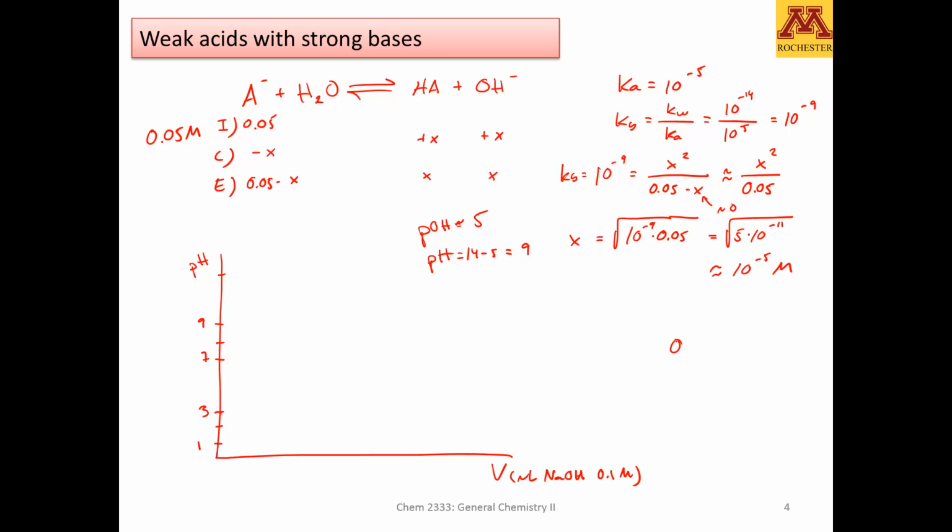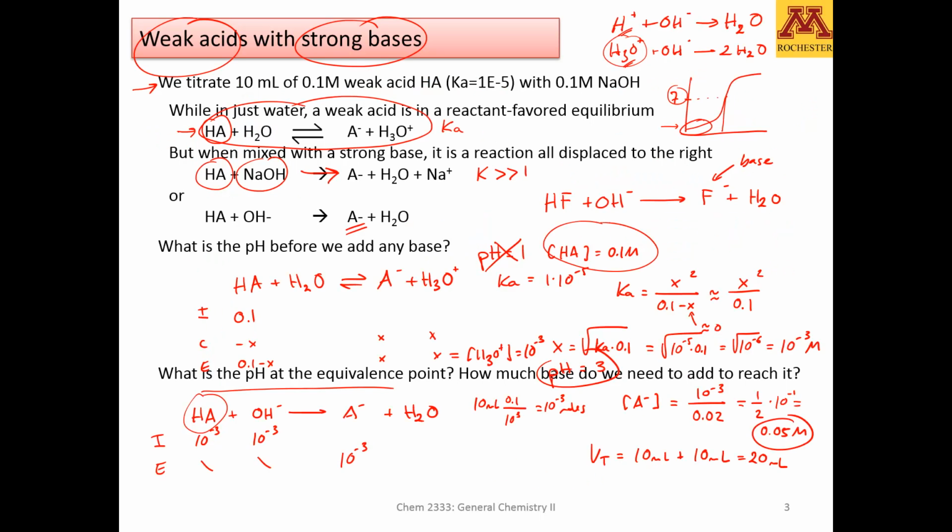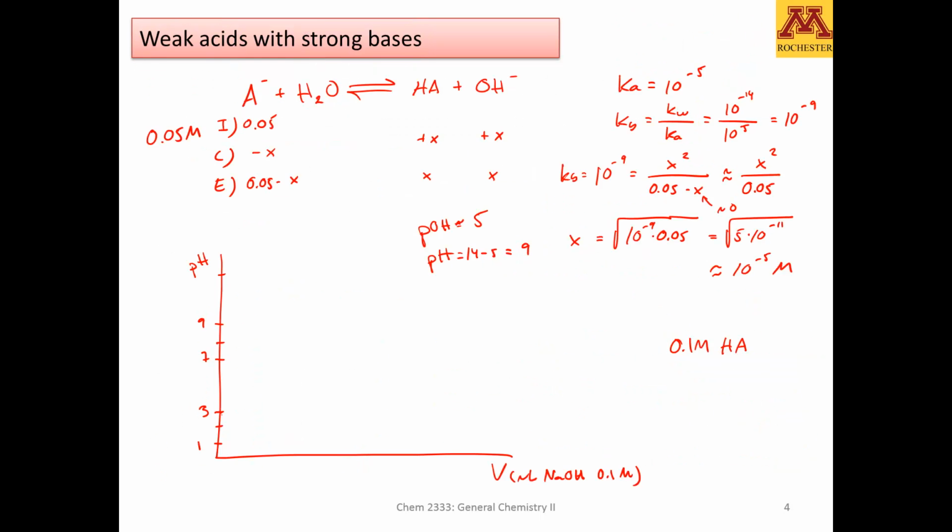Even though I have a titration of a 0.1 molar weak acid, I just calculated in here that, remember, initially I start the curve at 3, and then when I have added as many milliliters of 0.1 molar to neutralize all of the acid, I will be at pH 9. So I start something like that and something like that.